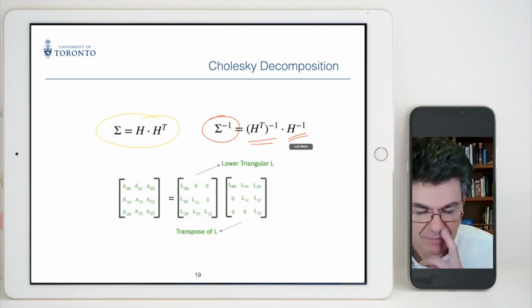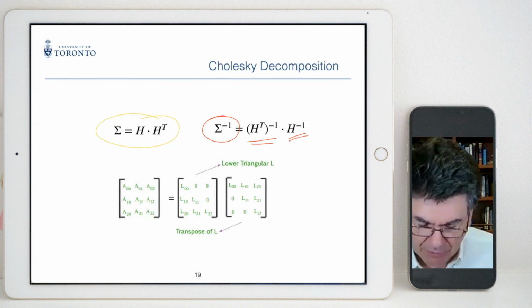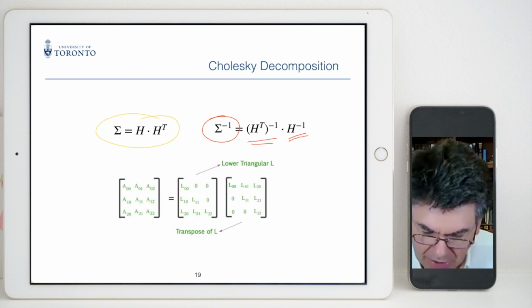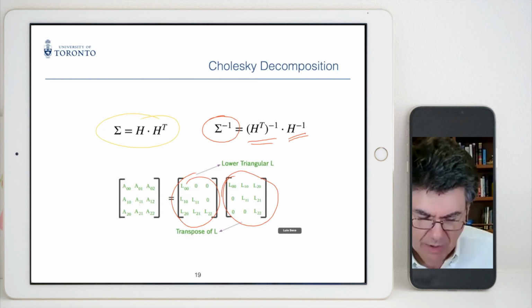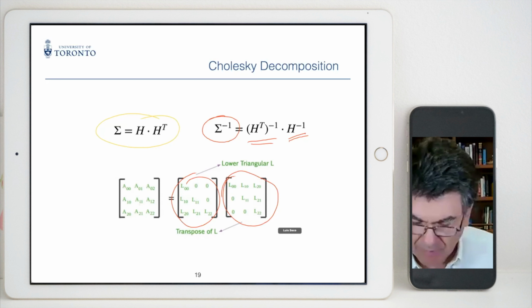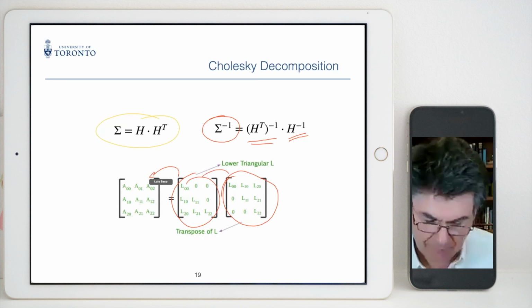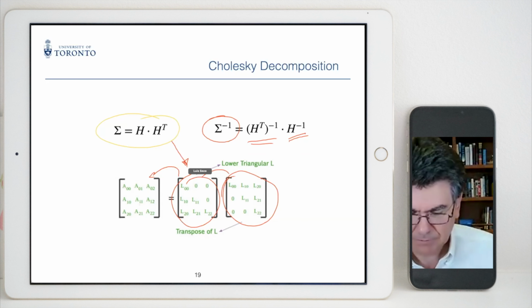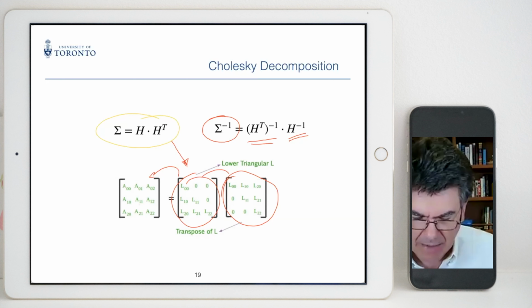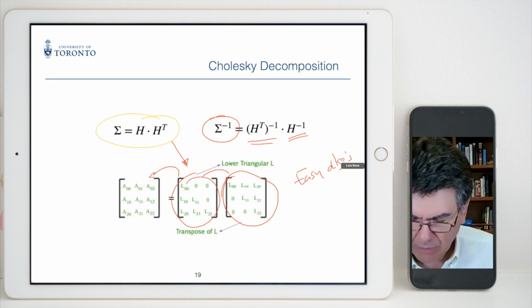These are very easy to find because the Cholesky decomposition is lower triangular. So when I multiply my lower triangular by my upper triangular, I get my matrix A. That's the meaning of this. And they're very easy algorithms to calculate.